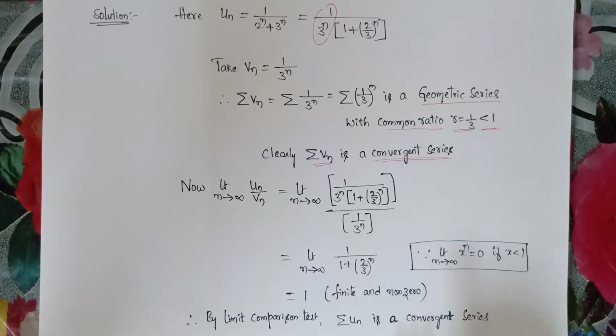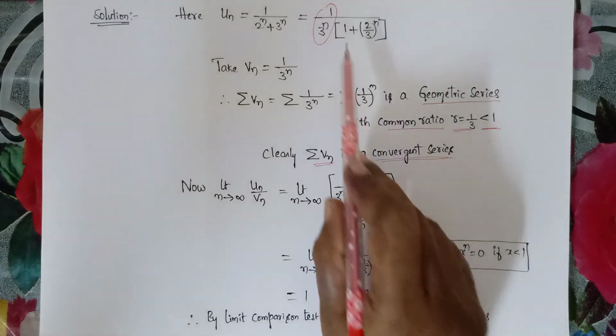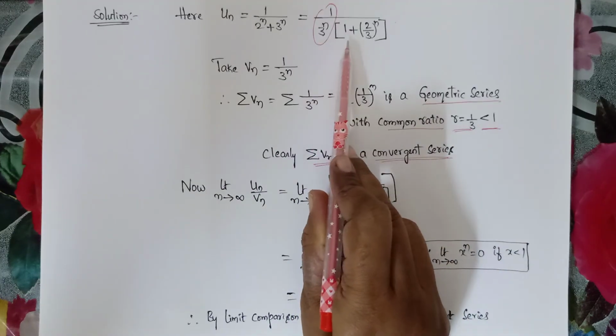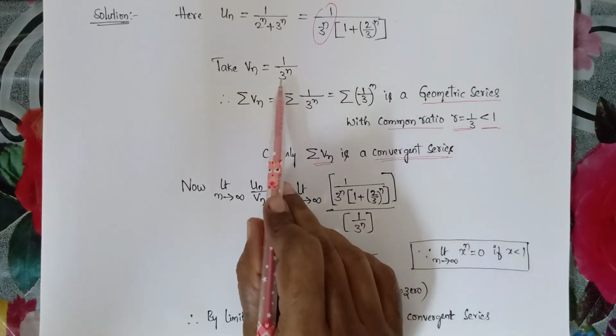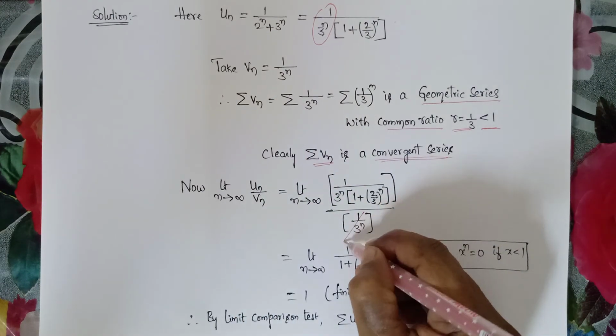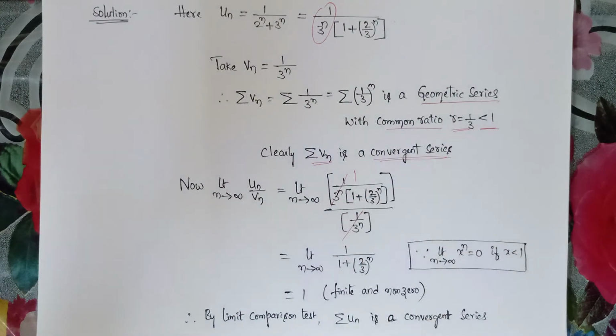Limit n tends to infinity un, here is 1 by 3 power n into 1 plus 2 by 3 whole power n, by vn, which is 1 by 3 power n. Cancel 1 by 3 power n. Now limit n tends to infinity of 1 by 1 plus 2 by 3 whole power n. We all know limit n tends to infinity x power n is 0 if x is less than 1.